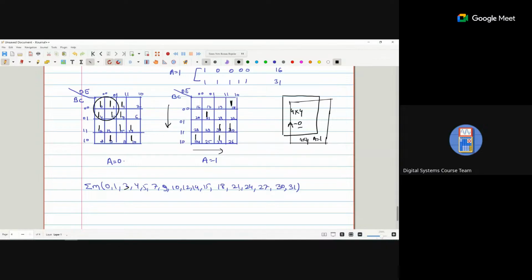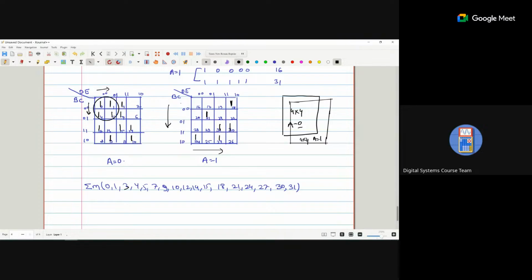Previously we created groups in this and this direction. Now we can create a group in this as well as the cascade form. When two matrices overlap each other, we have to check whether any cascade group is created or not.